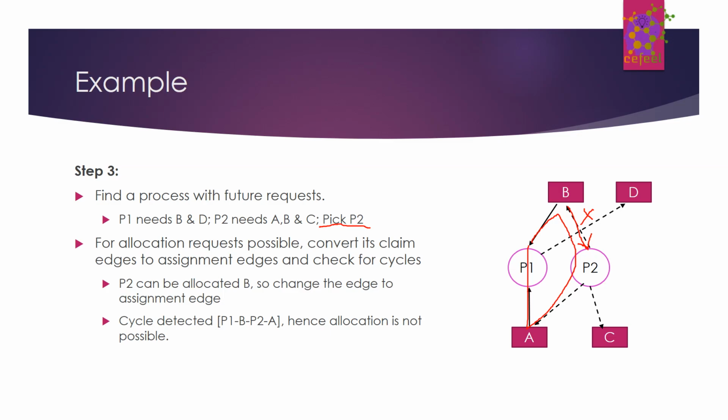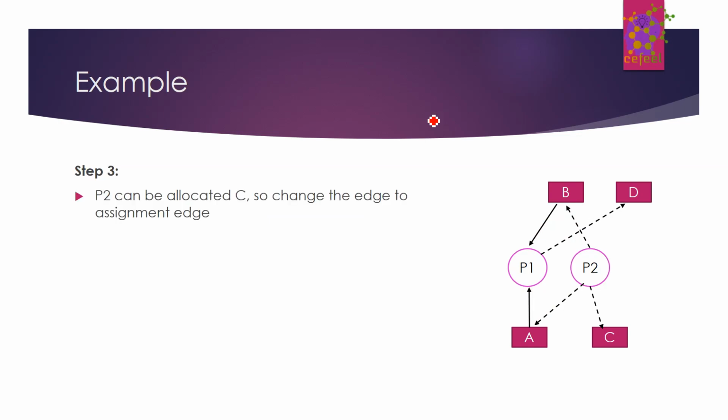And then we will go to P2's next request. So P2's next request is C, and notice C is now free because there are no other pending requests on C. In fact, we will go ahead and change the claim edge to assignment edge. So there is an edge from C to P2, and notice adding this edge did not end up in causing any cycle.